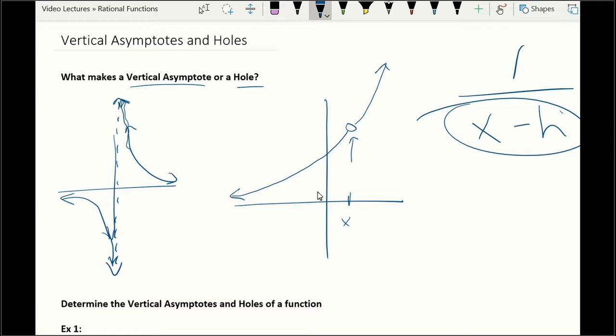If I have a hole, that means in my equation, I had something like this. Maybe there are some more terms over here, and maybe there's some more terms over here.